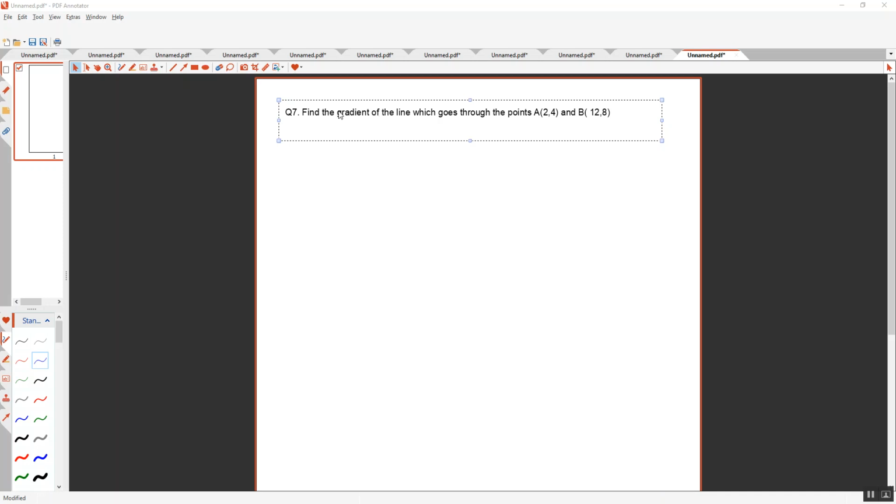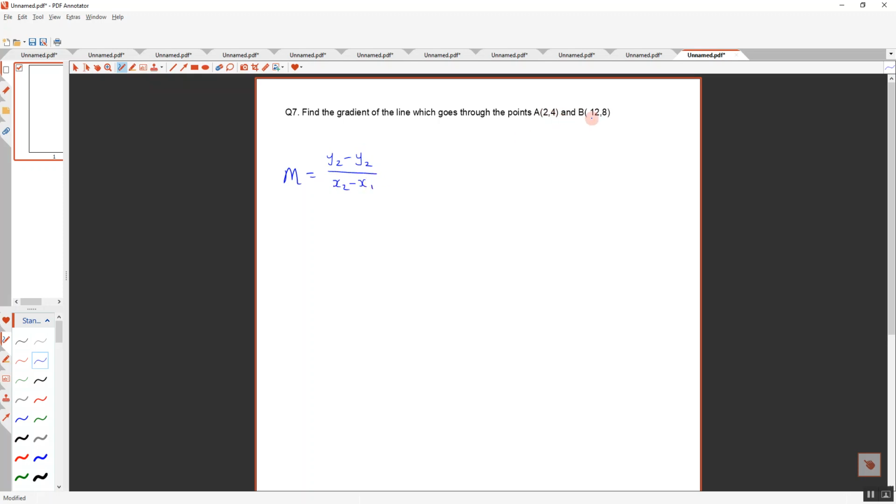Question 7, find the gradient of the line which goes through the points A, 2, 4, and B, 12, 8. You're going to have to use your formula to help you out. Your formula, remember, is M equals y2 take away y1 over x2 take away x1.